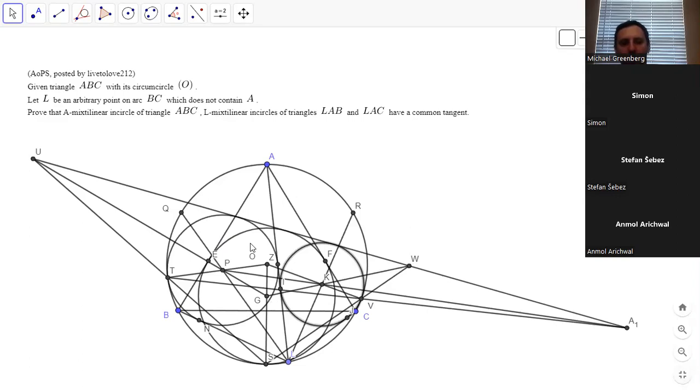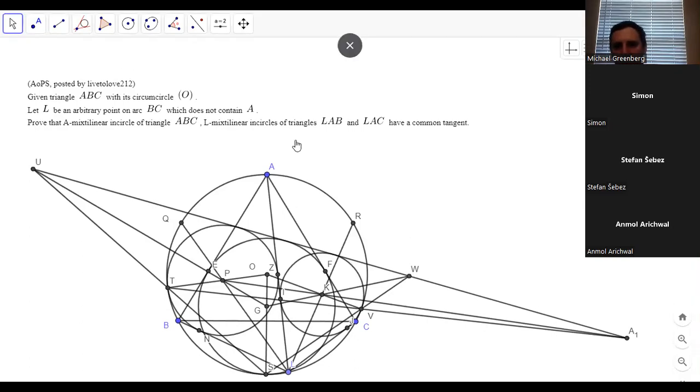Is that true for any three circles internally tangent, or do I need this mixtilinear idea? It's not true for any three. Okay. That would mean that any three circles tangent to another circle have a common tangent. I doubt that is true.